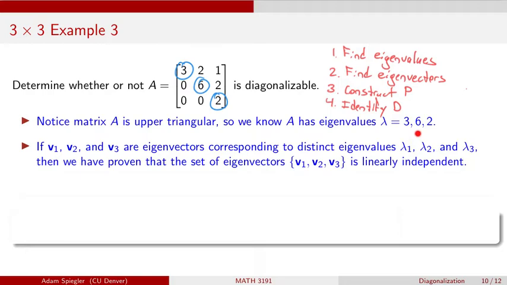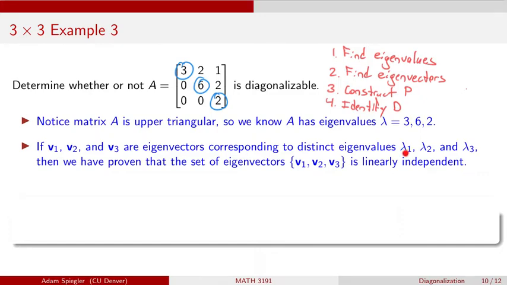Lambda equals 3, lambda equals 6, lambda equals 2. None of our eigenvalues have multiplicity bigger than 1. And we've already proven a result earlier that the eigenvectors corresponding to distinct eigenvalues form a linearly independent set.